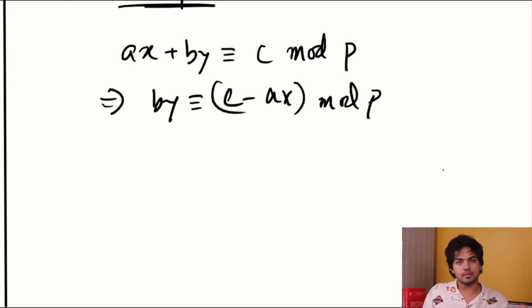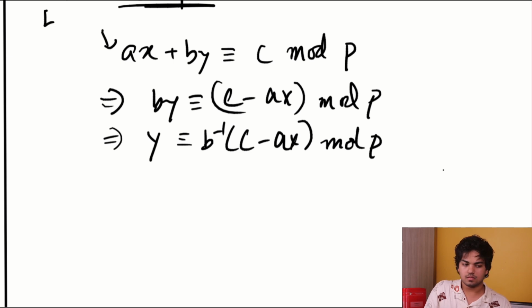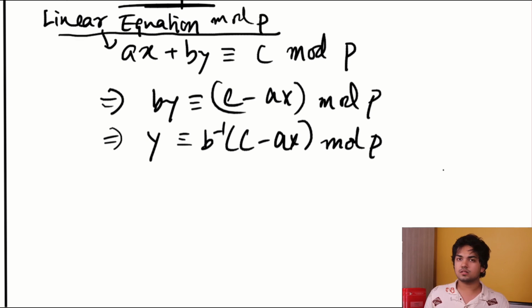And then I just multiply on both sides by the inverse of b. We've covered inverses in a previous video. And that's it. This is what we call a linear equation modulo p. So linear, degree-1 questions are easy to answer modulo p, almost always.